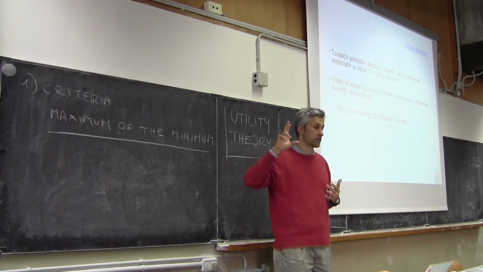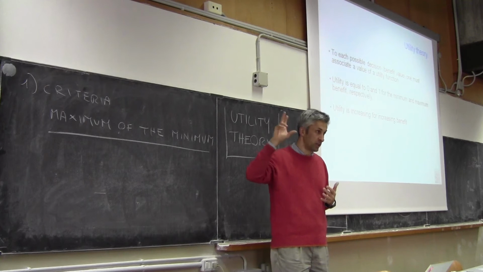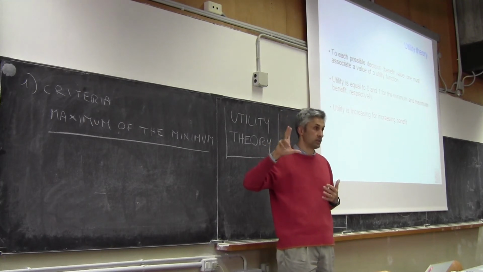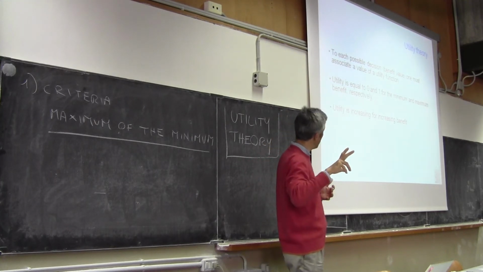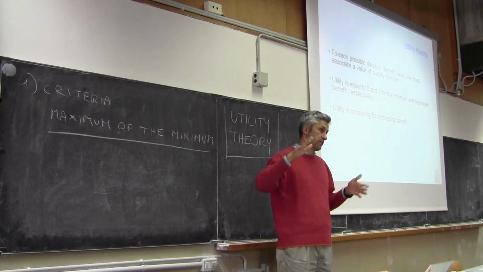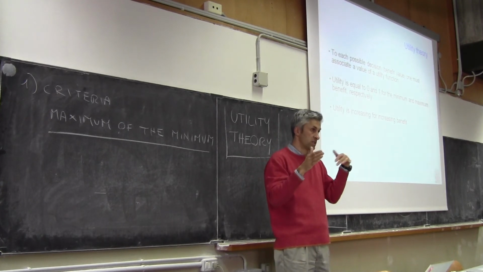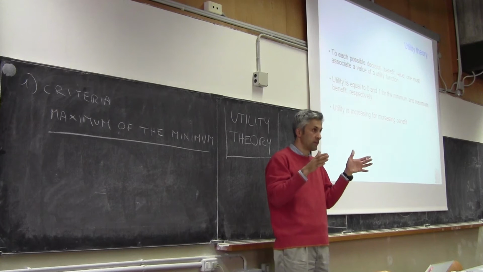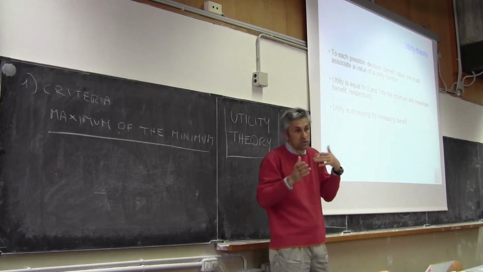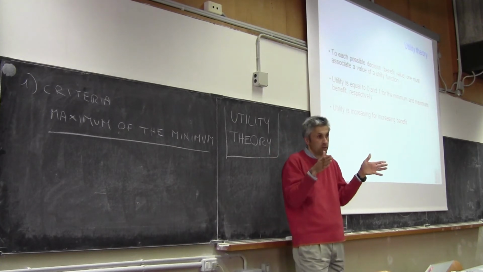And now we have to understand what is this utility and how to compute it. First of all, let me say that this number, this variable called utility, is varying between 0 and 1. It's just a decision to make it variable in this range.